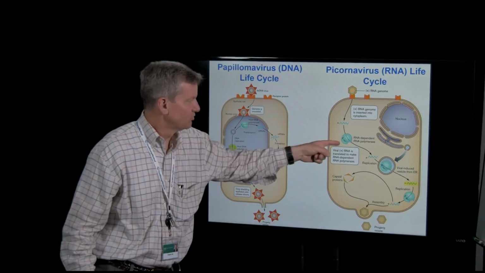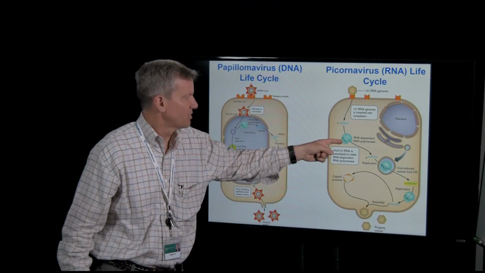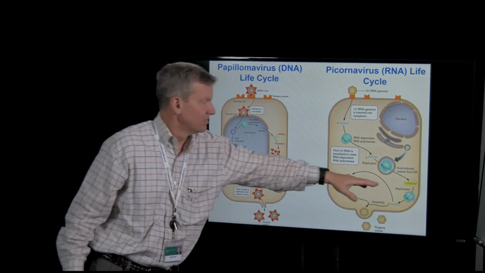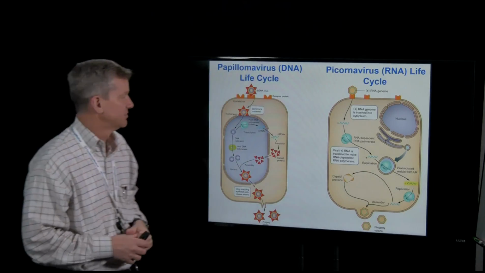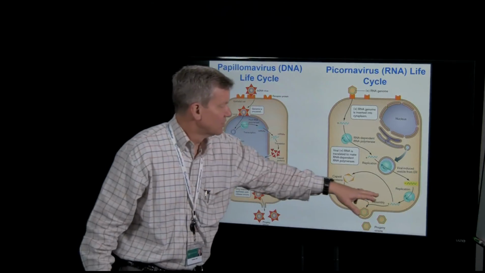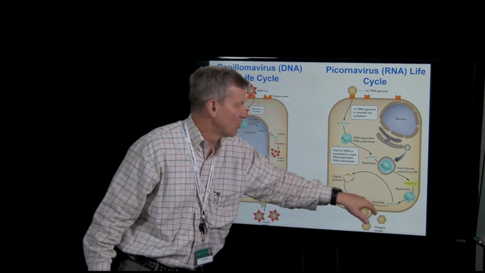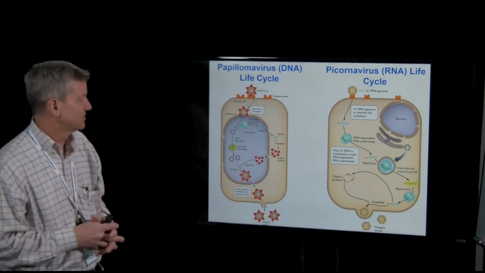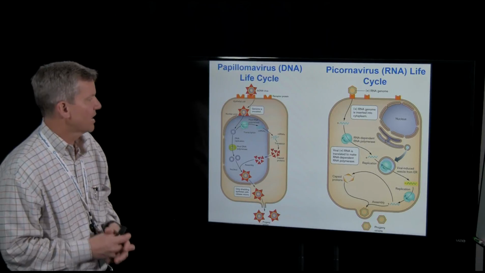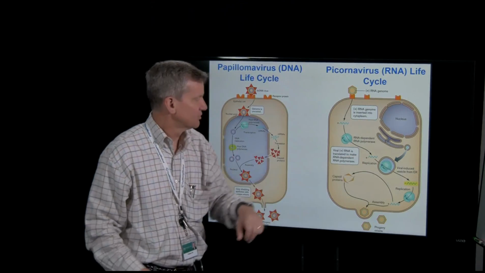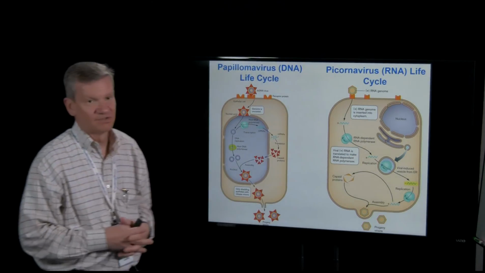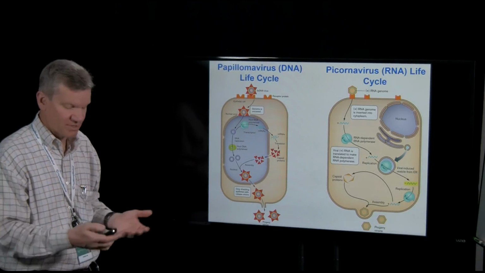So that's the first protein that's made, and then this RNA-dependent RNA polymerase can make the intermediate negative sense, and once it makes the negative sense, it has a template to make more of the genome, which is positive sense. Proteins can also come off the positive sense because it's just like messenger RNA.